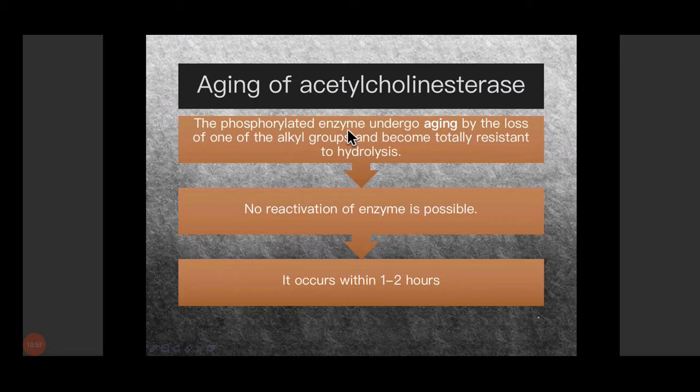Why do we need to know this phenomenon of aging of anticholinesterase? Anticholinesterases get aged. That means the organophosphorus compound will come and attach itself to the acetylcholinesterases and phosphorylate them, and they become difficult to detach.